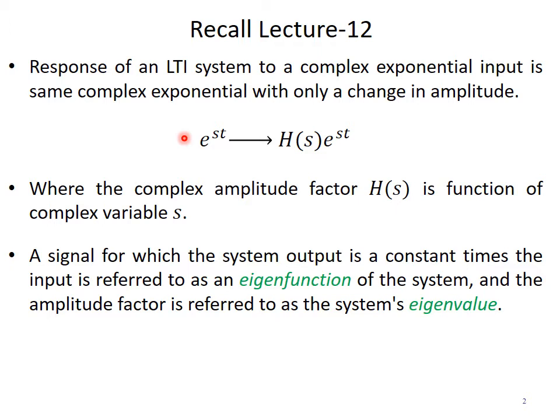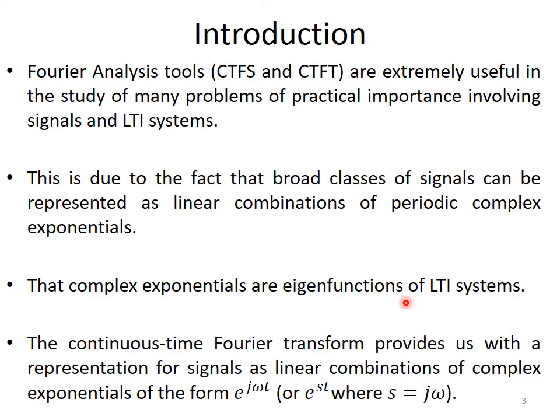This is what we did in Fourier series representation or the Fourier transform representation, because if you are able to represent your input signal as a linear combination of complex exponentials, then you can compute the response of the system very easily. The complex exponentials are called eigenfunctions of the system, and the value of H of s for a particular value of s is called the eigenvalue. I would like you to remember this for the rest of the lecture. So, moving on.